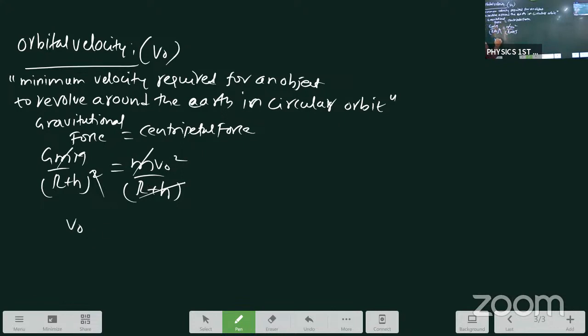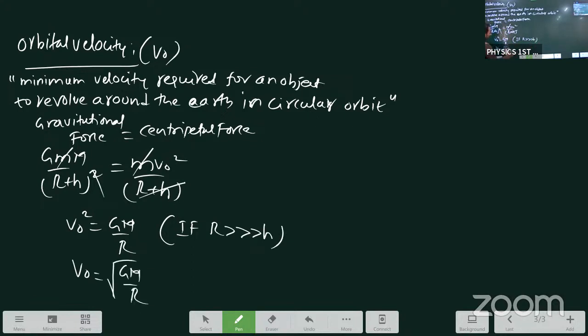Vo square equals GM by R. If R is very much greater than h, obviously the h value is neglected. Vo equals root of GM by R. Now one more, small g equals GM by R square. From this step we write Vo equals root of gR.